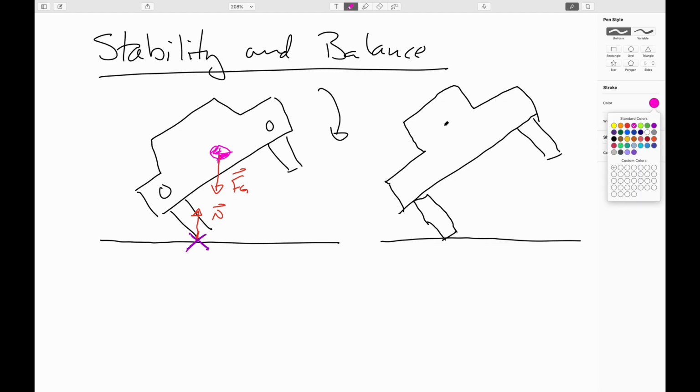So our maximum here would be when the center of gravity of the car winds up being perfectly over that contact spot. So there's force of gravity down, normal force up.